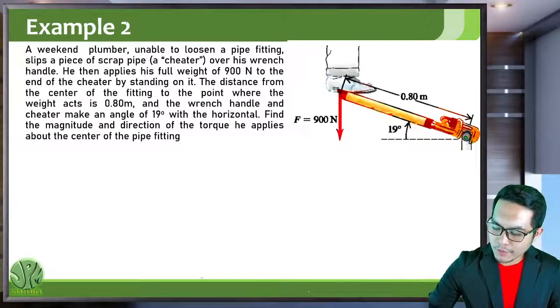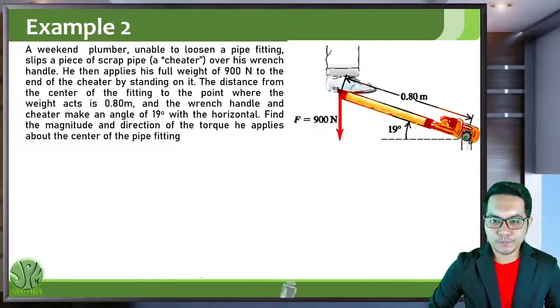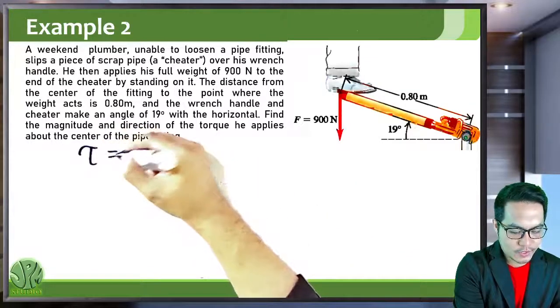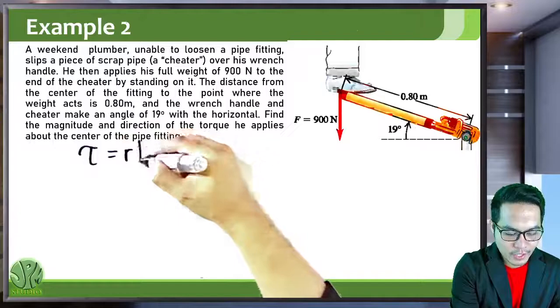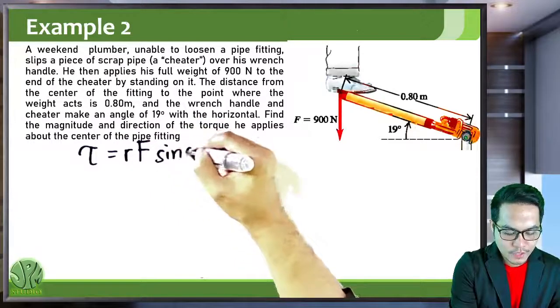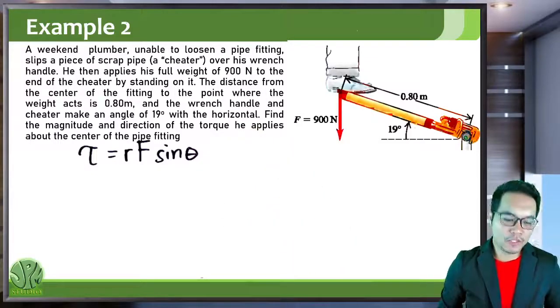To solve for the magnitude, it is just easy to solve. Torque is R, the radial arm distance, times F sine theta, where theta is the angle between the R vector and the force vector.